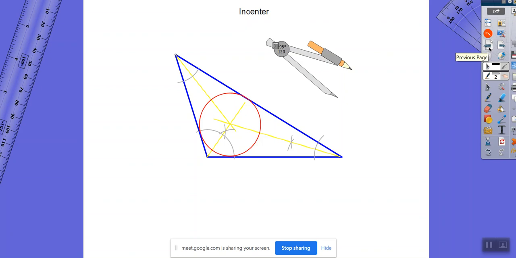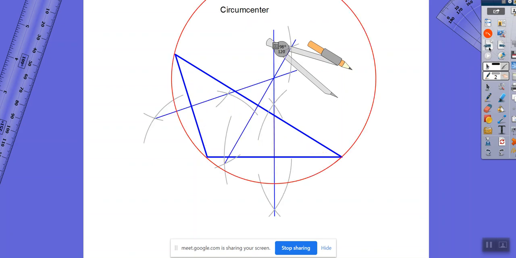Sorry, the triangle, thank you. It's the end of the day. If I look at my first drawing, the circle is circumscribed around the triangle. So circumscribed is saying that the circle is outside of the triangle. Inscribed means the circle is inside the triangle.